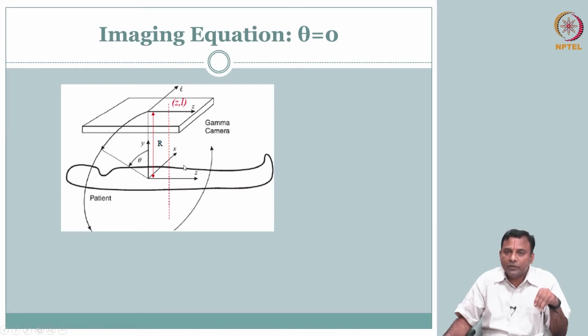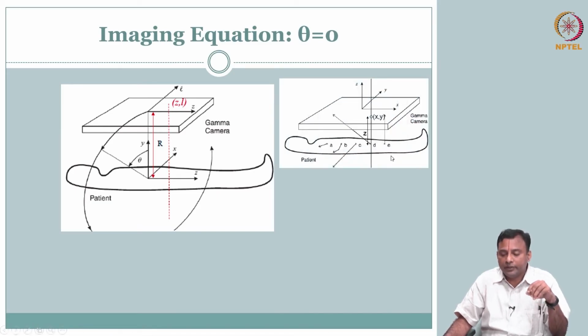You notice our imaging equation that we did when we began with gamma rays. This is what it was. We said, oh, the detector is here, the gamma rays could come anywhere, and notice here we were drawing this with respect to the detector system.